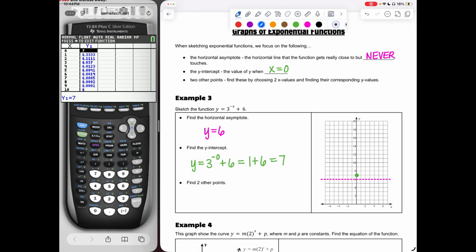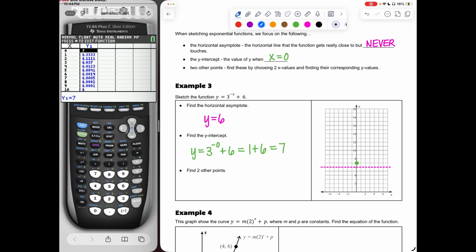The two other points can come from any of the x or y values. So let's say I want x to be equal to negative 2 and x to be equal to positive 2. All I would do is substitute those values in. Let me put a y equals here so you won't forget that.